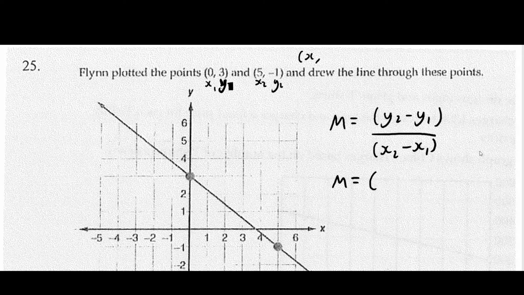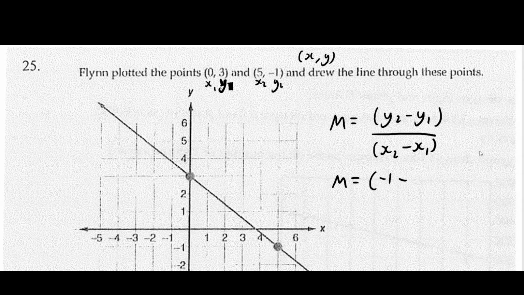When you're given coordinates, they're given as x, comma, y. So our first x is 0 and the first y is 3. Then x2 is 5 and y2 is -1.